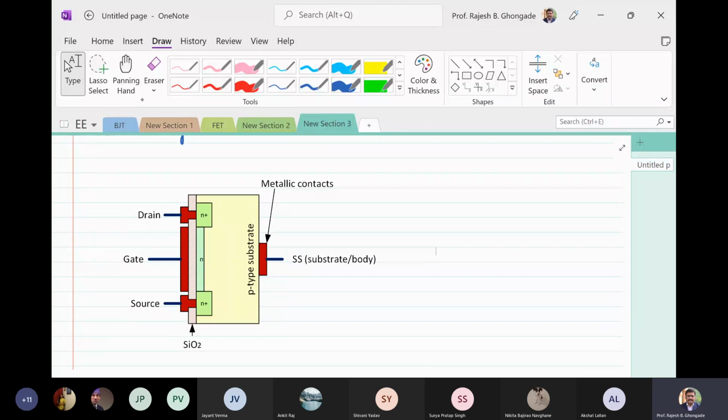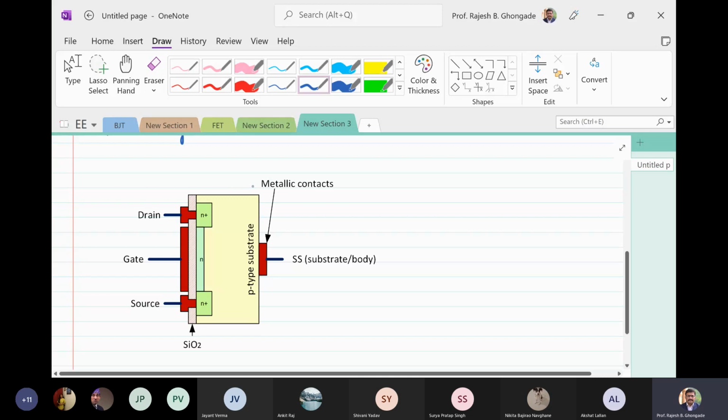So what do we have? A slab of P-type material is formed from a silicon base and is called a substrate. So you have this P-type slab which is formed first of all. Okay, so we have a P-type bar or let us say region, P-type substrate. It is called as a substrate. All right.